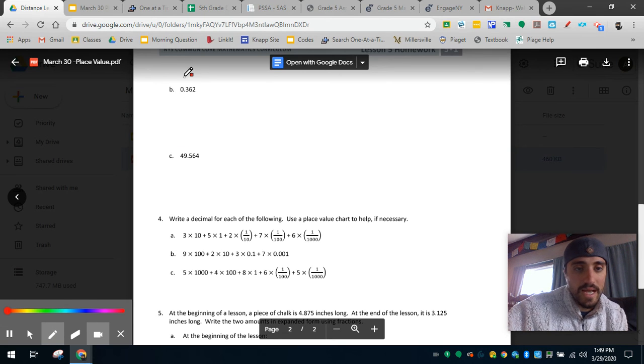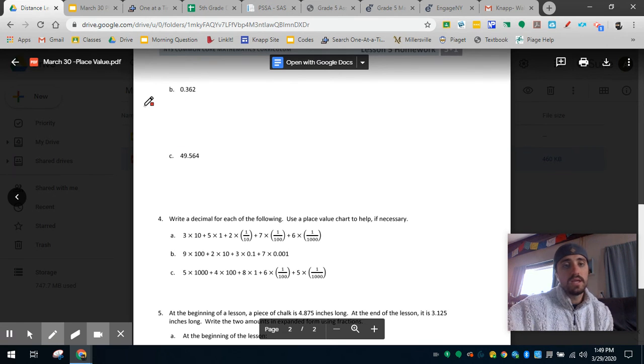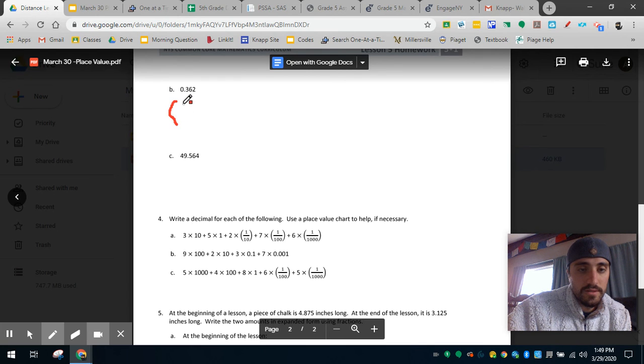Okay, so we see that we have 0 whole numbers, so we don't have to do anything there. The first value we have is 3 tenths. So in parentheses, we're going to do 3 times 1/10.